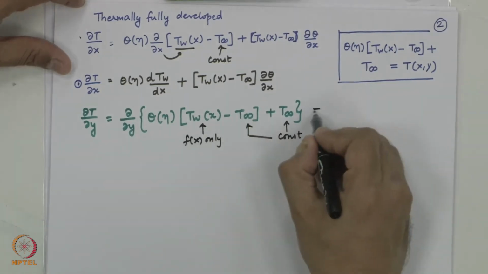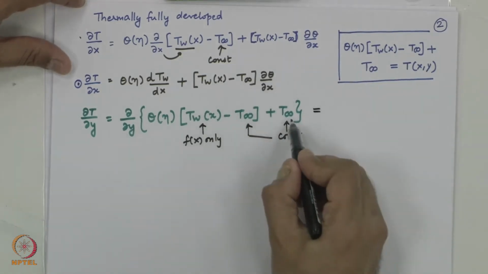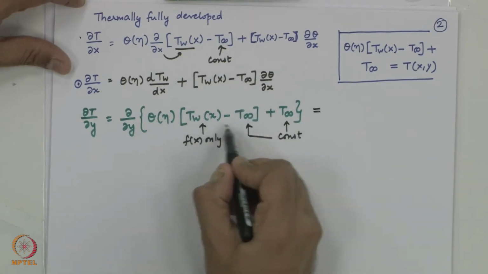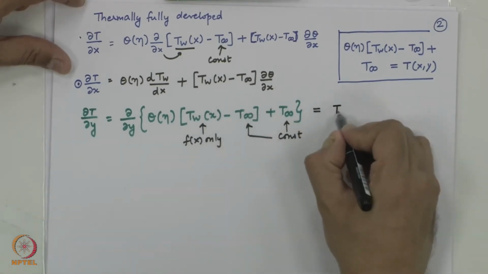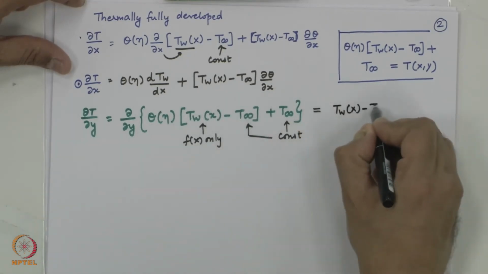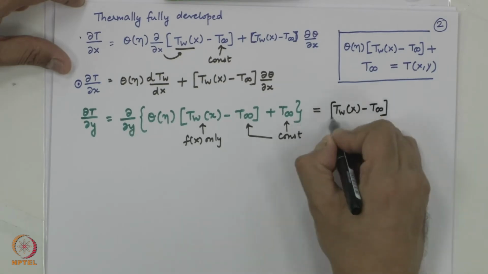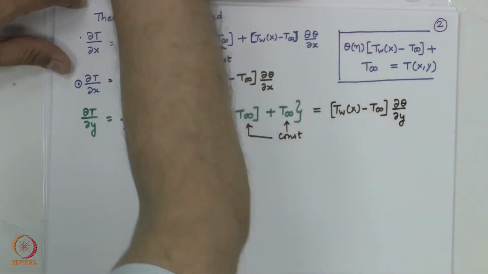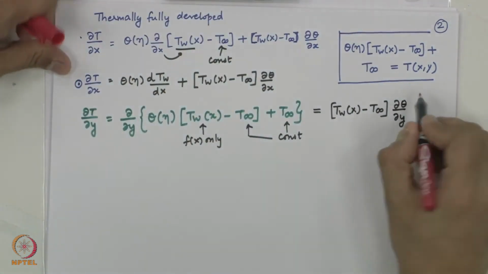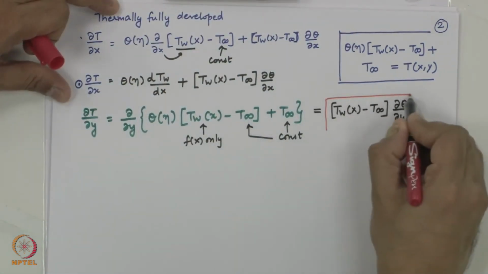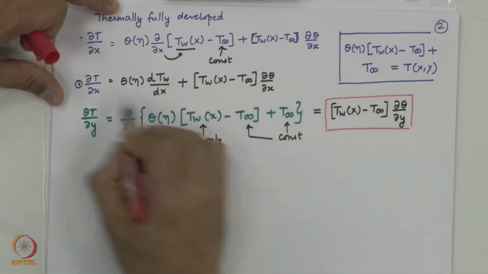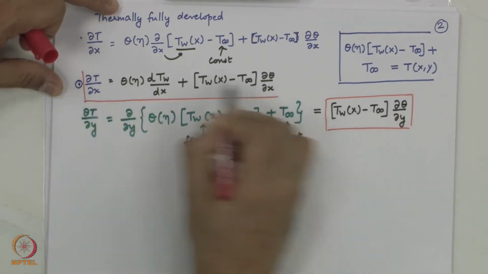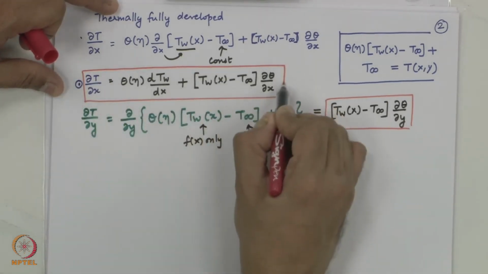So, the derivative of this term with respect to y is gone. This is going to be treated as a constant. Therefore, I will get tw of x minus t infinity d theta by dy. This term also as it is. So, this is my dt by dy. This is my dt by dx.